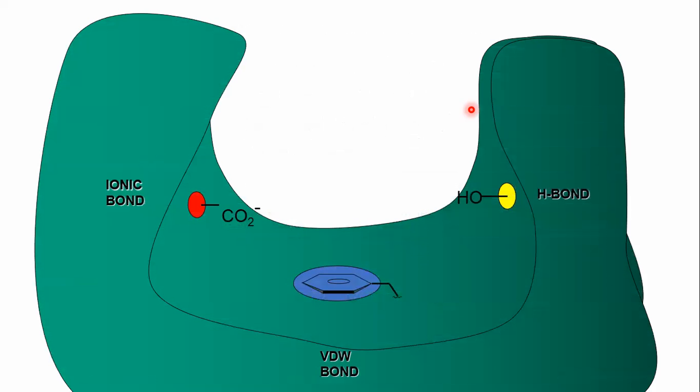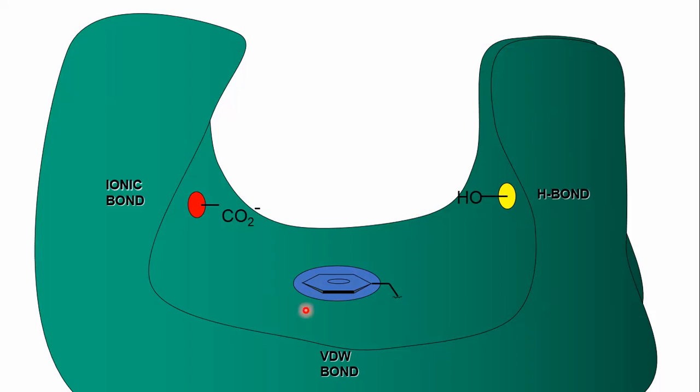The concept of interaction between small molecules and a protein is analogous to the key and lock principle. You have to have the right key to open the lock. Now, imagine this is a schematic diagram of a lock where you have 3 different sites of interaction.